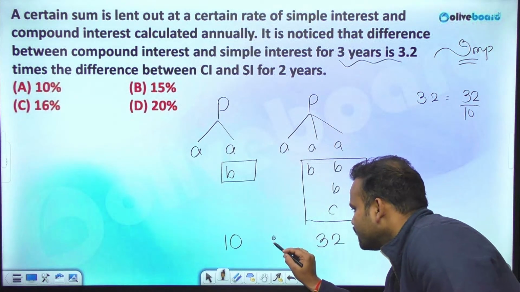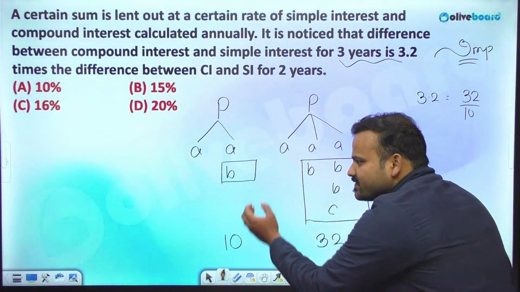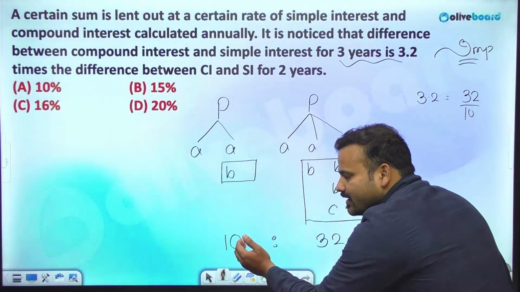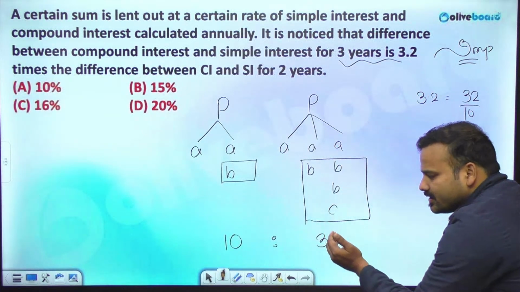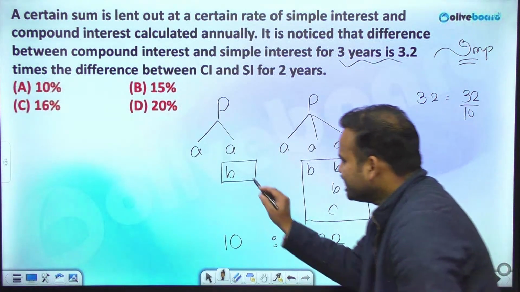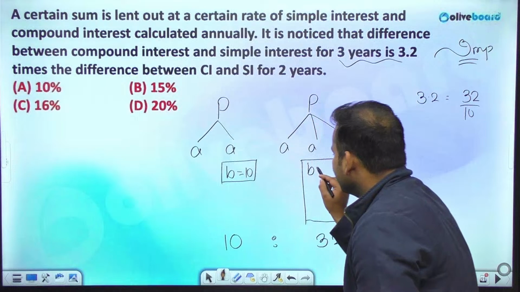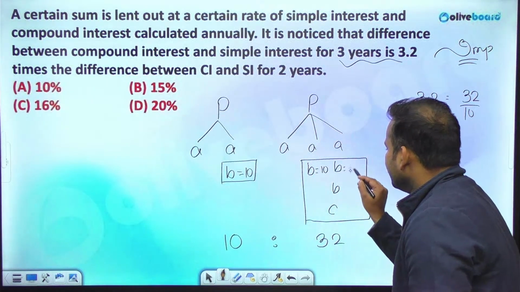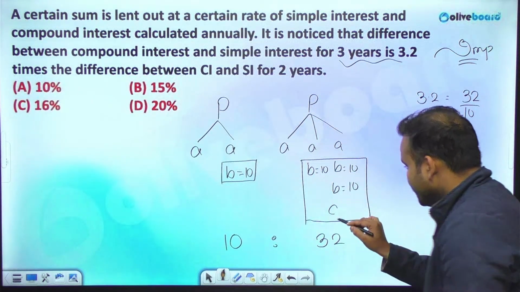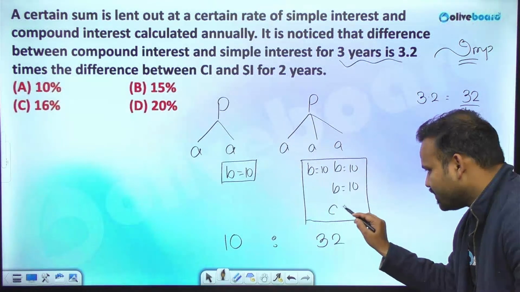This is the difference of CI-SI for 2 years. 3.2 times of 10 is what? 32. So basically B is 10. This particular B will be 10, 10 and 10. This entire thing should be 32. So this particular value will be 2.